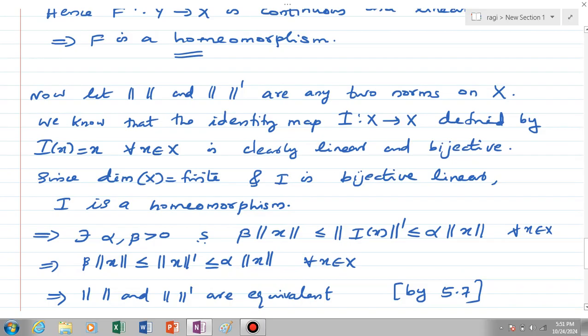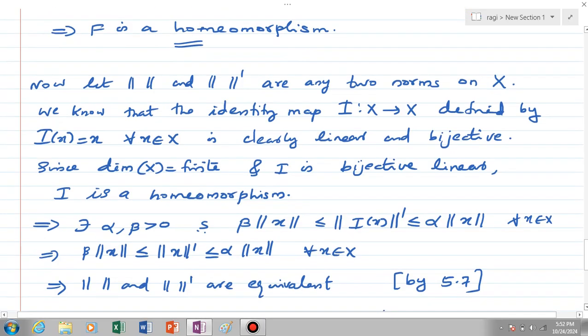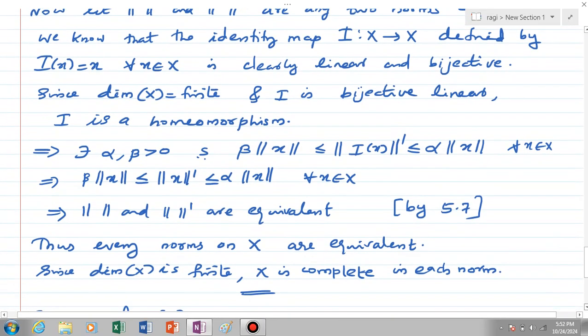This means that beta into norm x is less than or equal to norm dash of x less than or equal to alpha into norm x for every x element of X. This means that the two norms, norm and norm dash, are equivalent by theorem 5.7. Thus every norms on capital X are equivalent.